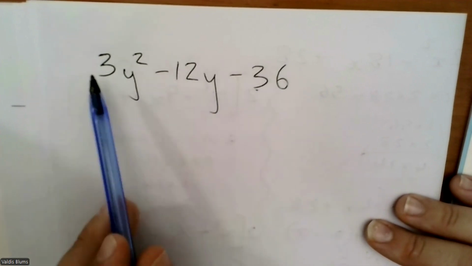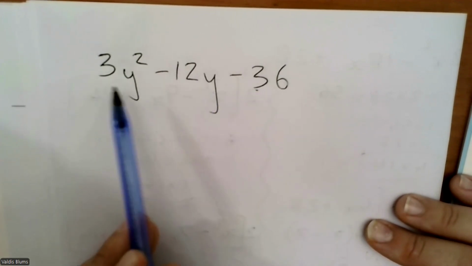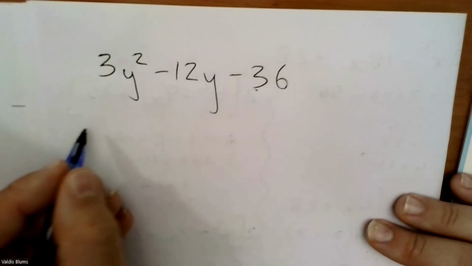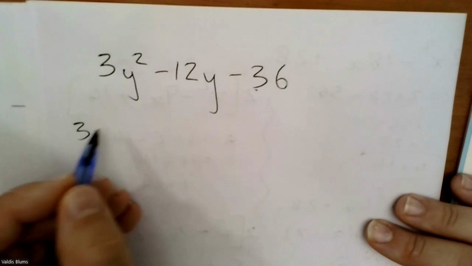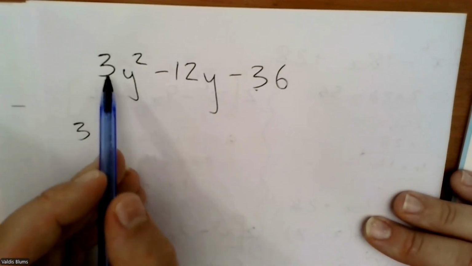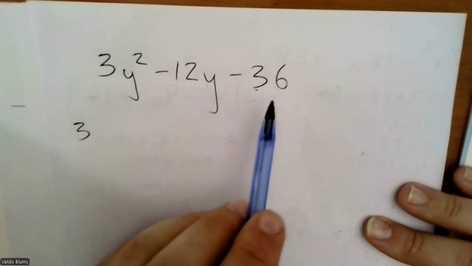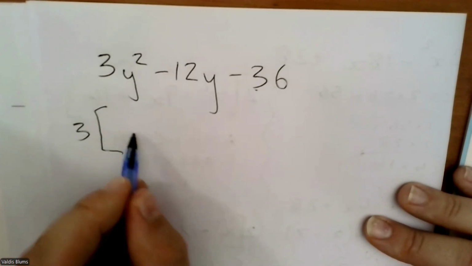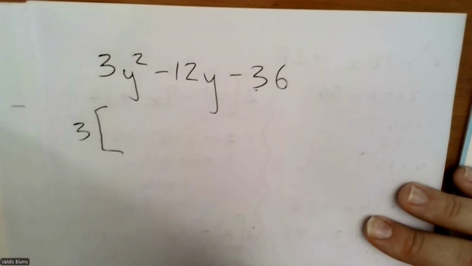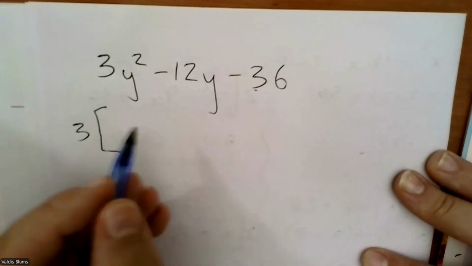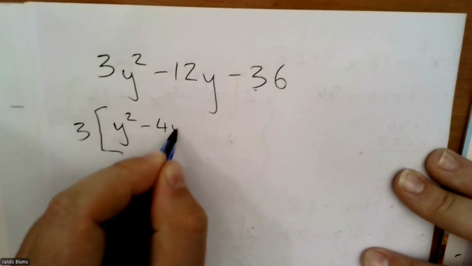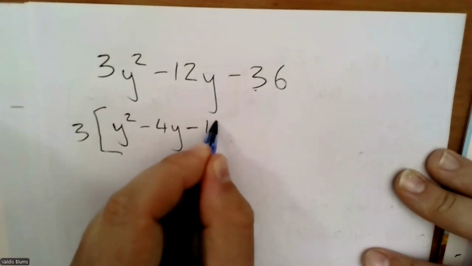So we can make it easier on ourselves by reducing the size of these numbers by factorizing 3 out first. If you didn't factorize the 3 out first, you should still have a 3 factorized out of your other brackets in your final answer when you did the other approach. So factorizing out, we have y squared minus 4y minus 12.